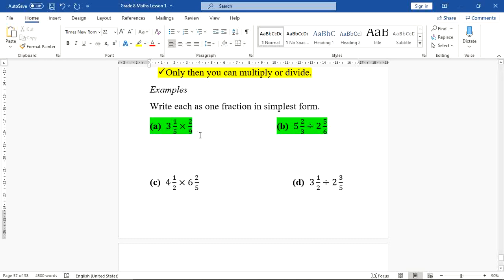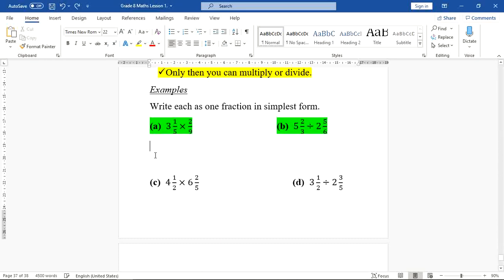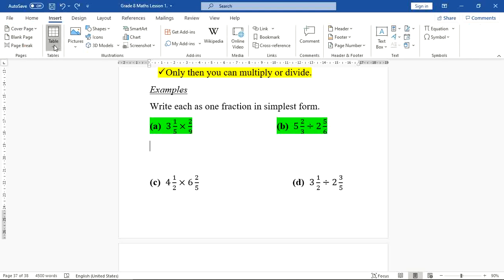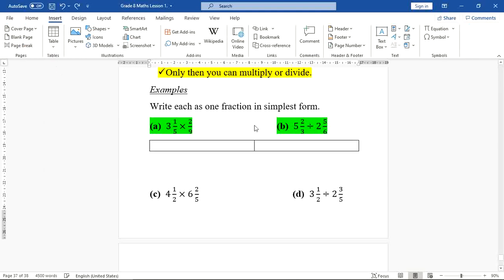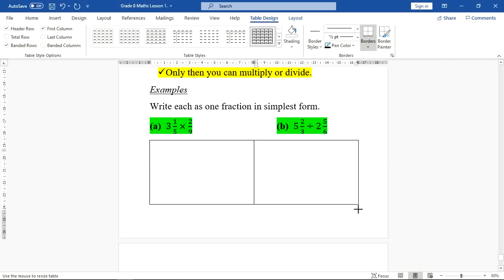So what we need to do first, allow me to insert a box.